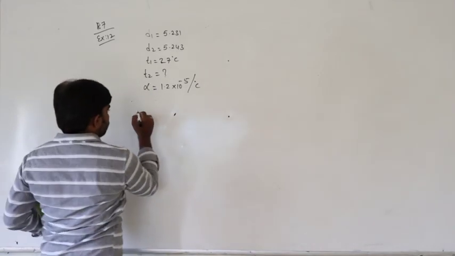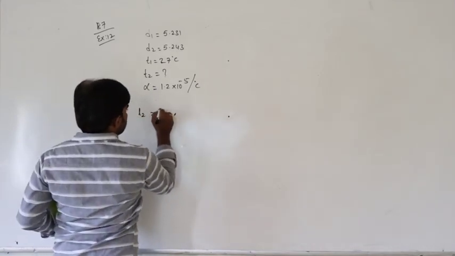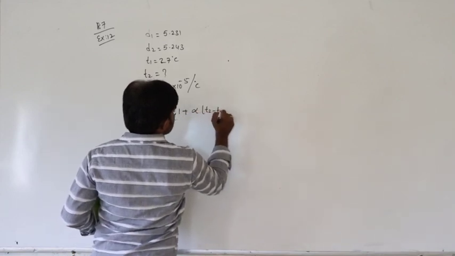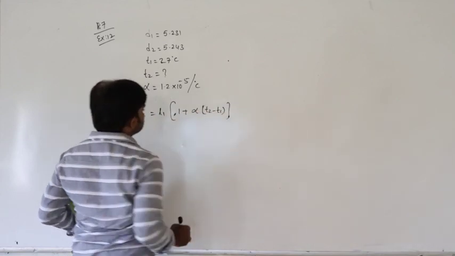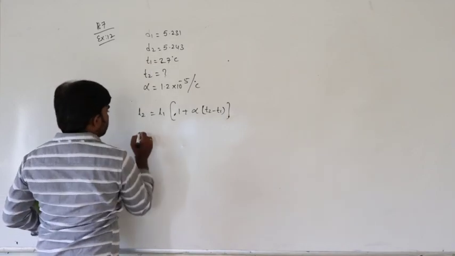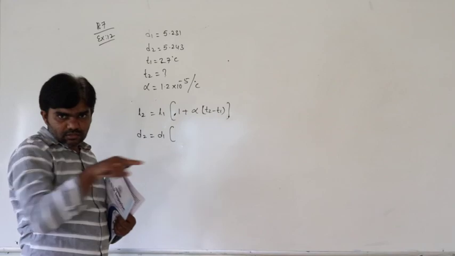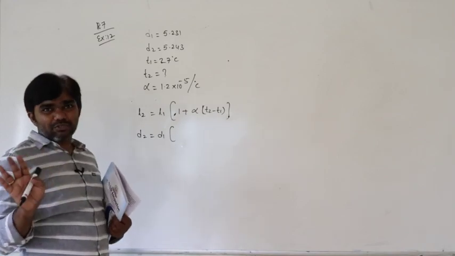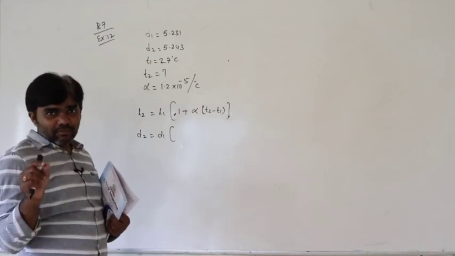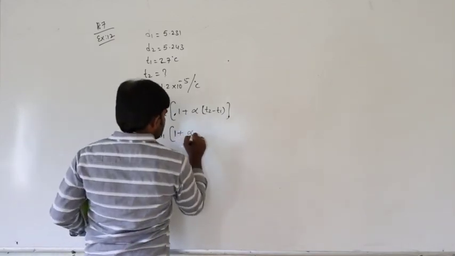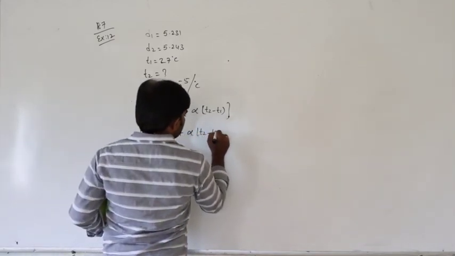We know from the definition, L2 is equal to L1 into 1 plus alpha into T2 minus T1, the final length. In place of L I am considering D, the diameter. Diameter means only horizontal, linear expansion only. An increase in diameter means linear expansion. So D2 is equal to D1 into 1 plus alpha into T2 minus T1.